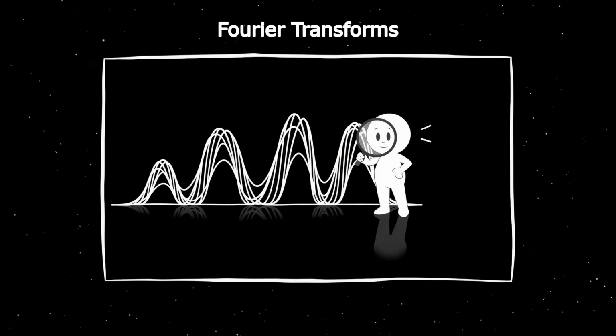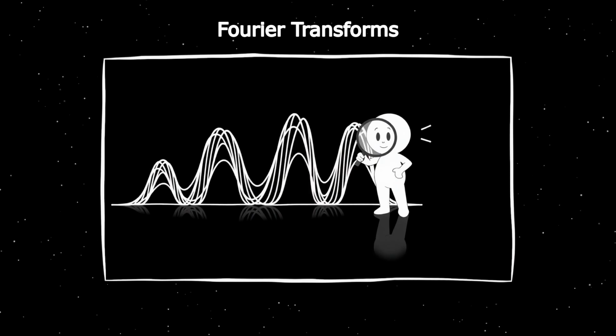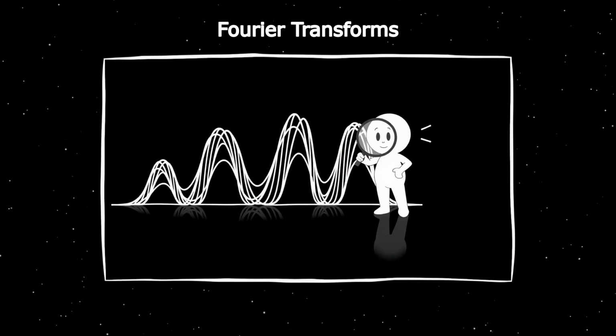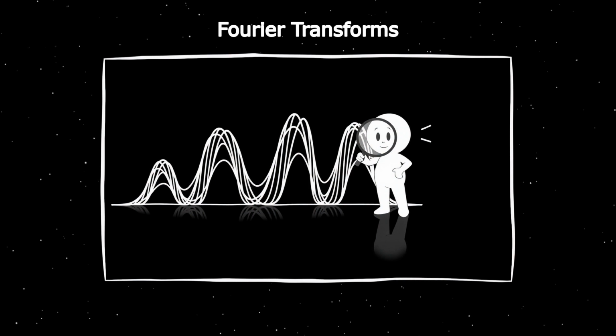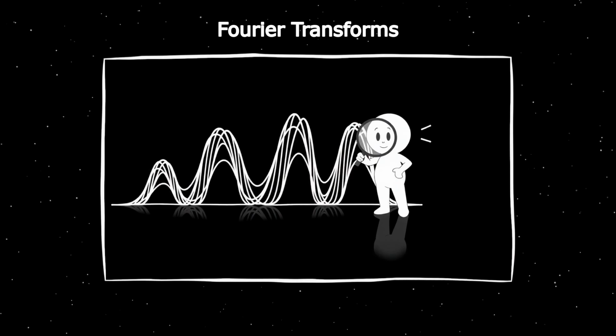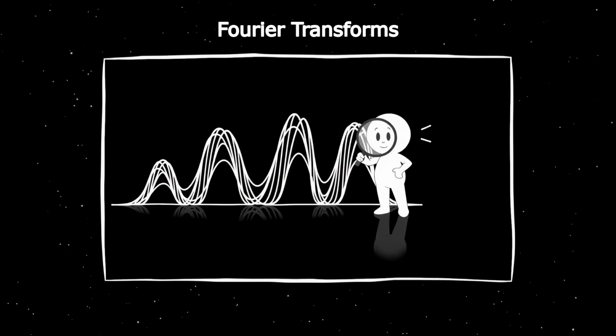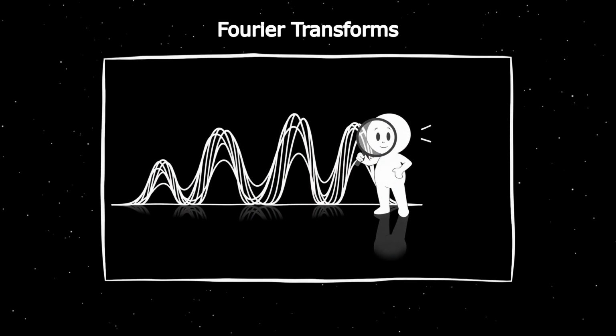The Fourier transform helps simplify this complexity by providing a systematic approach to decompose functions into their frequency components. This allows researchers and engineers to identify patterns, analyze behaviors, and make predictions based on their findings.